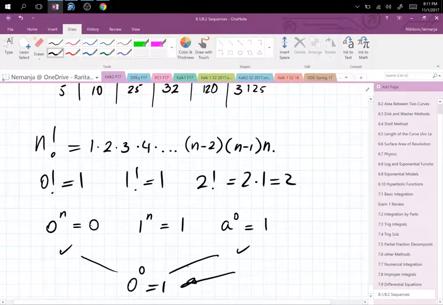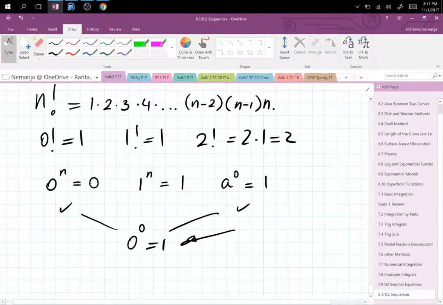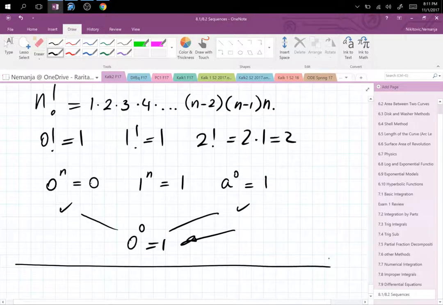So instead of reasoning with this every single time, we designated some storage space for it, and then we don't have to worry about it. So 0 factorial is going to be equal to 1. 1 factorial is equal to 1. You designated some storage space for that, and you move on with your life.